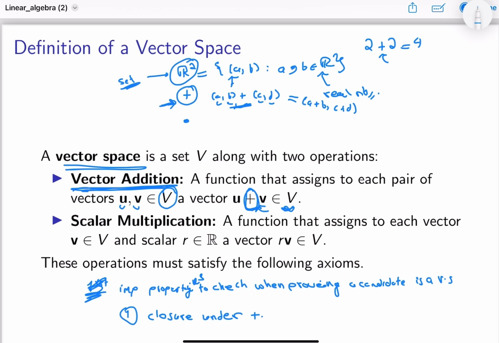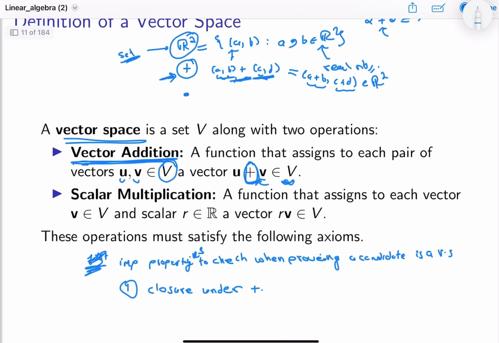What does that mean? For example, if you look at these vectors, when you added these, you get a vector that is still in R2 because this is still in R and this is still in R. Along with this, there comes another property, which is the closure under scalar multiplication.